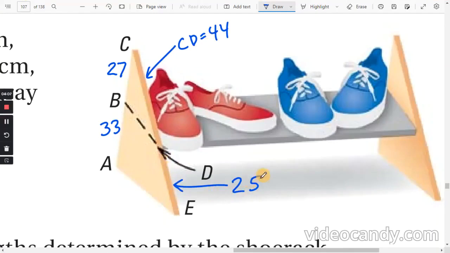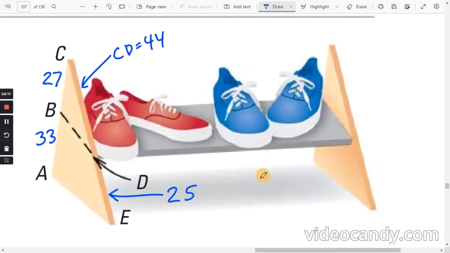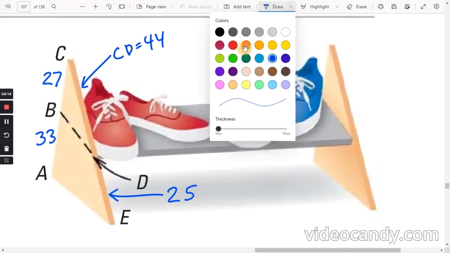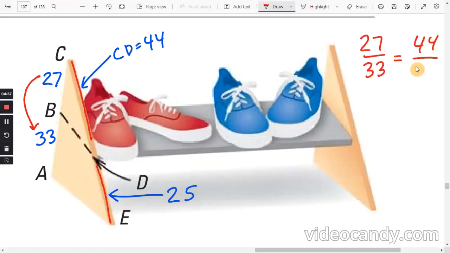Okay, so let's see if we can prove the proportion is equal. All right, so I am going to do 27 divided by 33 and see if that equals this right here, which is 44, divided by this right here, which is 25.